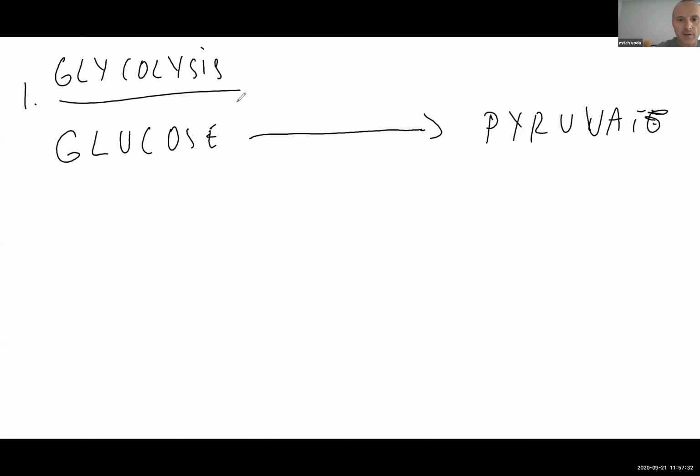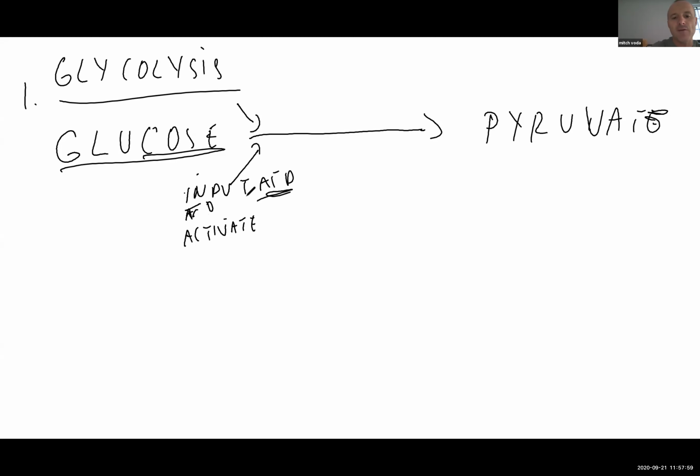It requires that first we input some energy. Why? Because glucose is a very stable molecule. Now, for something to be broken down in chemistry, it has to be activated. Input to activate. Now, the only form of energy in the cell is ATP. So we're going to input some ATP first to activate it.